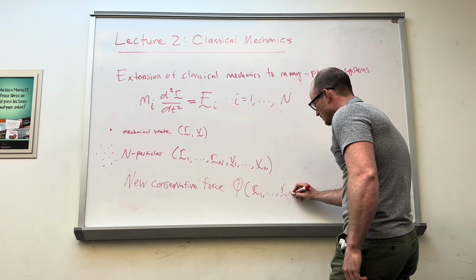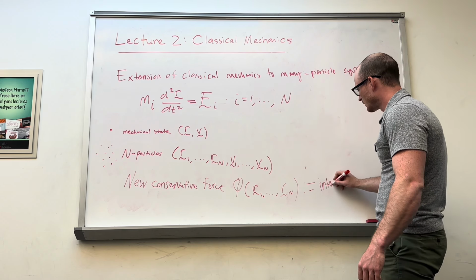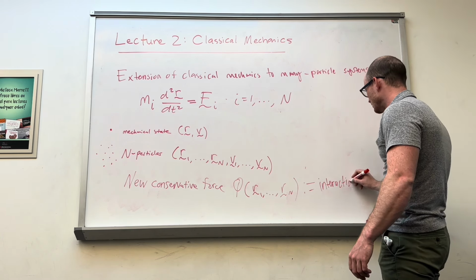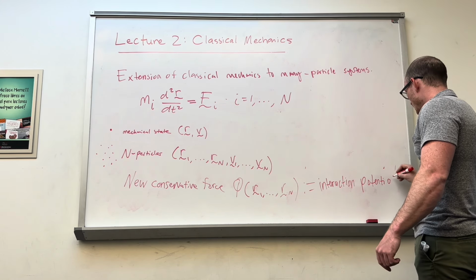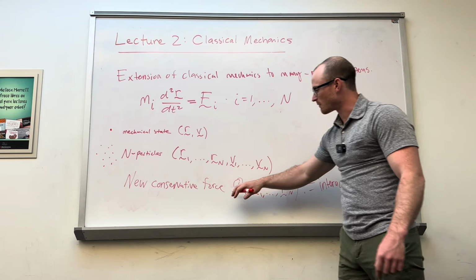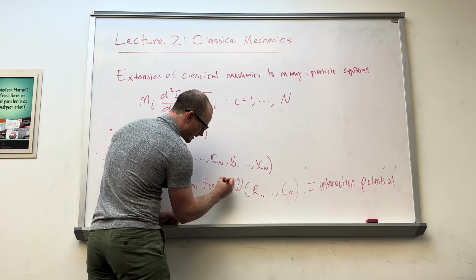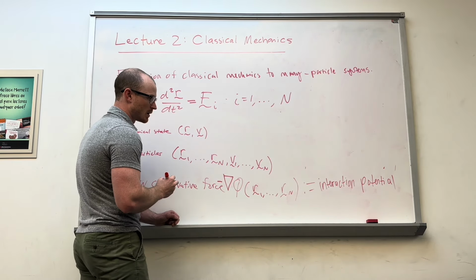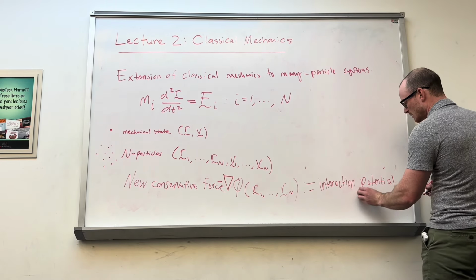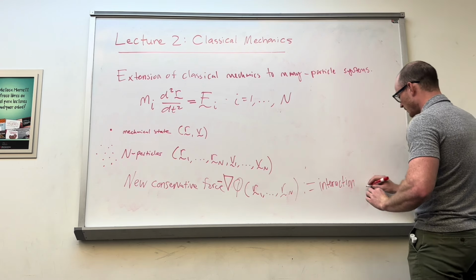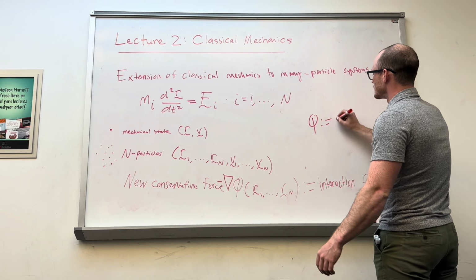And this is going to be defined as the interaction term, the interaction potential. Well, I need to be more precise. This isn't a force, this is a potential energy. So the new conservative force is the minus gradient of this term. And in that case, if it's the minus gradient, then it is the interaction force, and φ is the interaction potential.